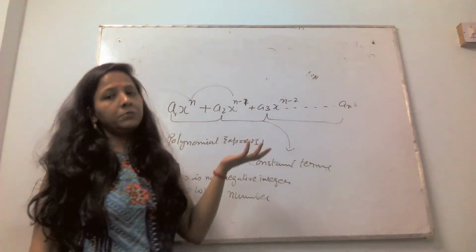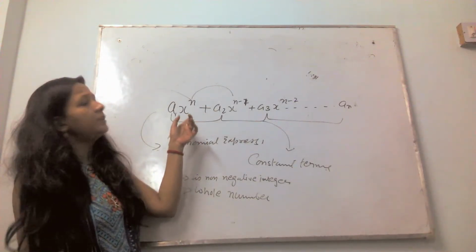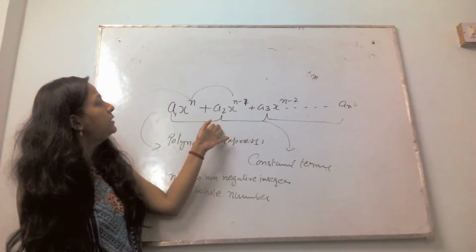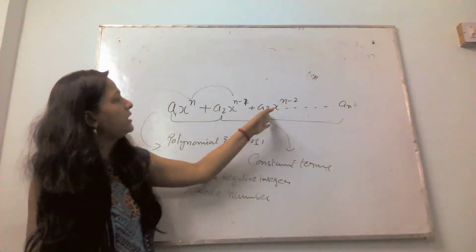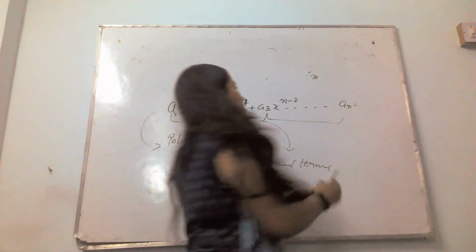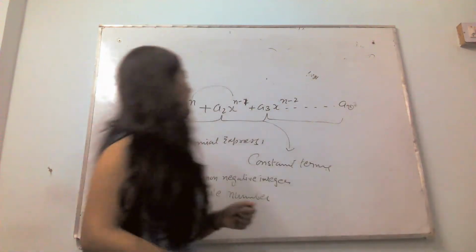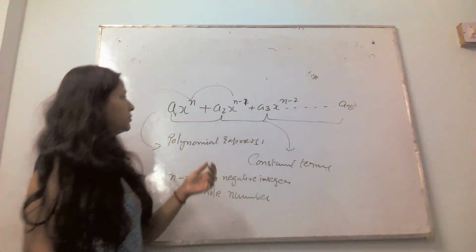What is a polynomial? An expression in the form of a1 x to the power n plus a2 x to the power n minus 1 plus a3 x to the power n minus 2 and so on up to a0. That is called a polynomial. What do these stand for?